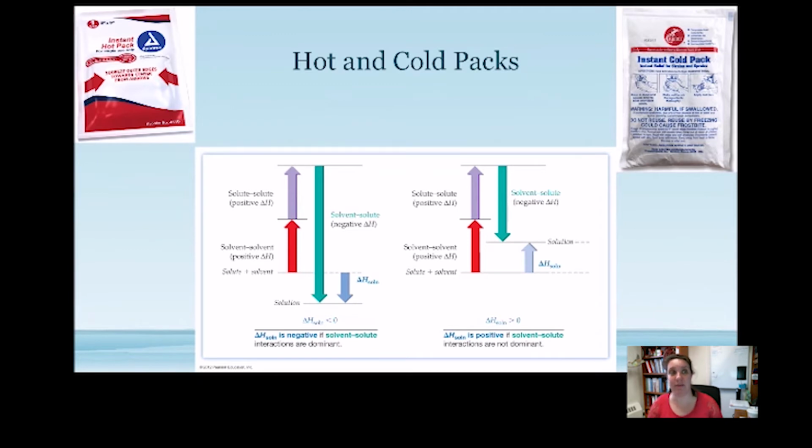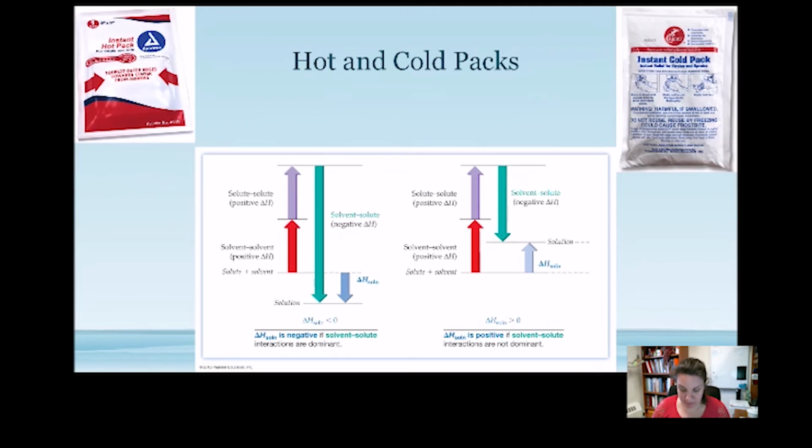And as it mixes with the other component, a solution forms. When that solution is formed, it is either exothermic, in the case of an instant hot pack, or endothermic, in the case of an instant cold pack. Again, we can still have solutions formed if it's endothermic, and we take advantage of that when we're using an instant cold pack, but it just can't be very large.